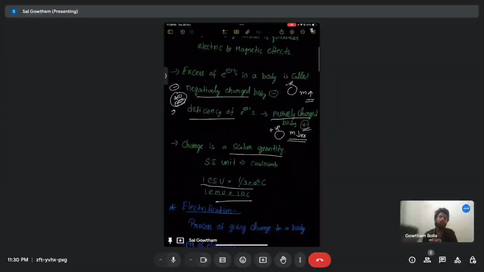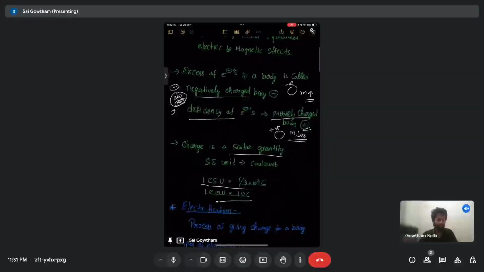Some of the best examples for this: take a glass rod and some silk cloth. Rub the glass rod with the silk cloth. The glass rod will get positively charged and the silk cloth will get negatively charged. Similar to this, if we take an ebonite rod and rub it with fur, the ebonite rod will get negatively charged and the fur will get positively charged.